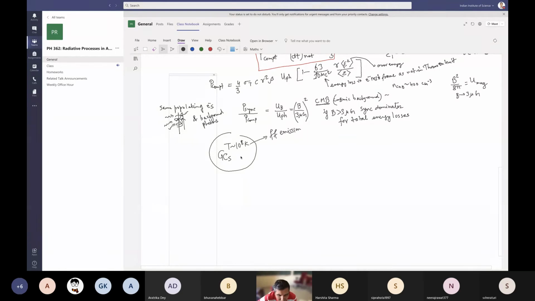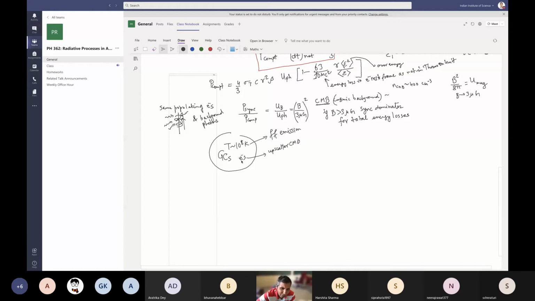But the same electrons can also inverse Compton upscatter the CMB. So these electrons can also upscatter the CMB.